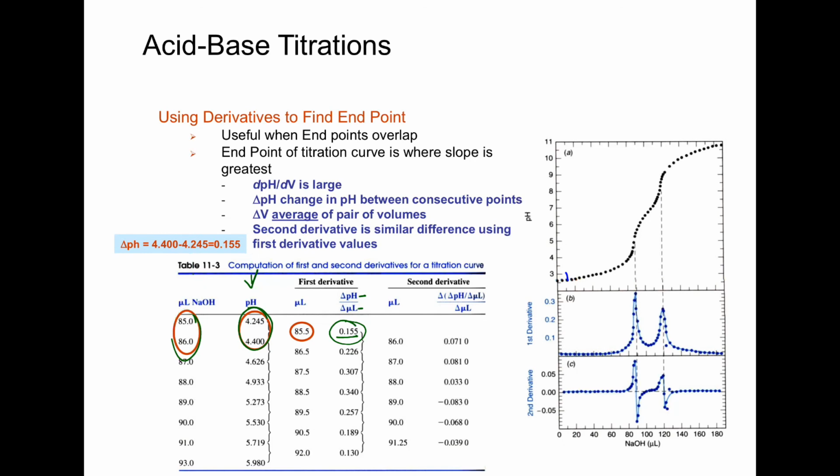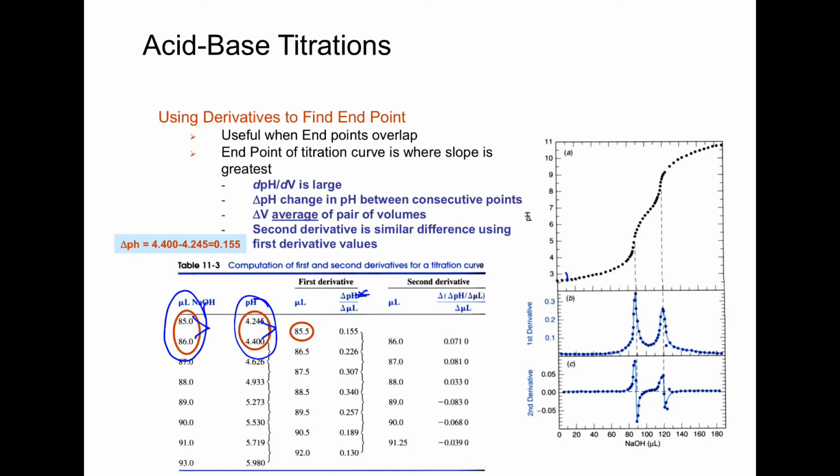The first and second derivatives are, let's just go for the first one. A derivative is just the change in one thing compared to the change in another. For us, it's going to be the change in pH divided by the change in volume of titrant added. So you look at the difference between these, that's the change in pH.